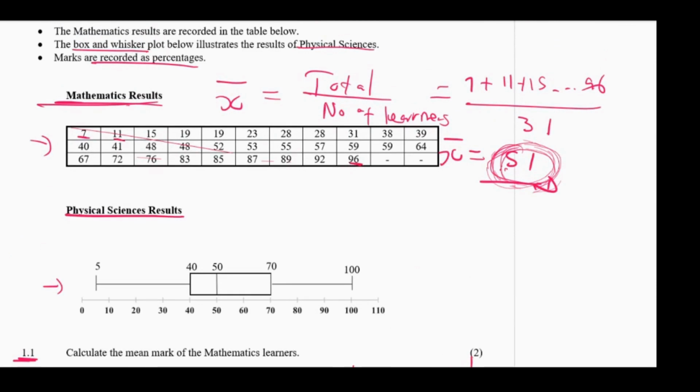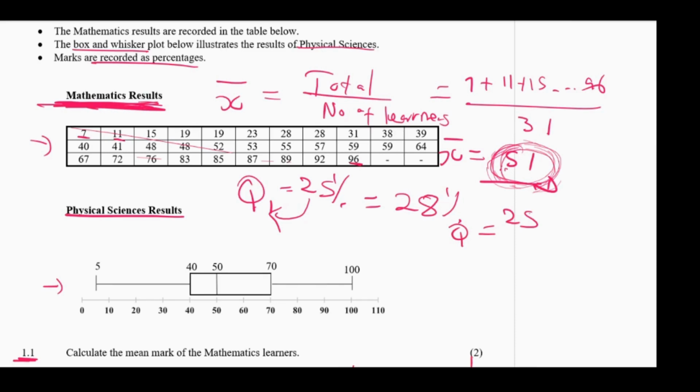We can find the 25%, which is Q1, the lower quartile of maths, and you'll find that the lower quartile will give you 28%. How do you find the lower quartile? You say Q1 is equal to 25% divided by 100, multiplied by 31 learners plus 1, right?